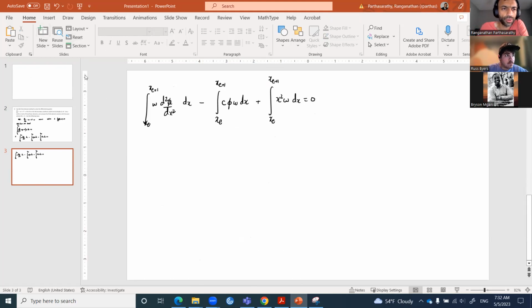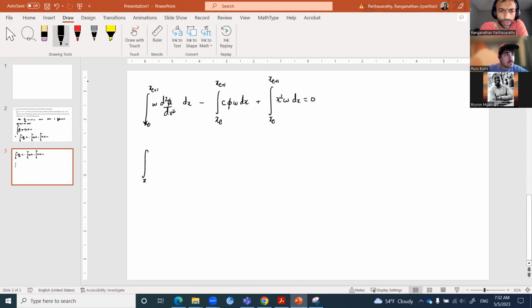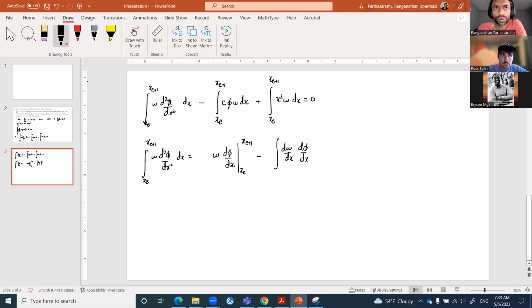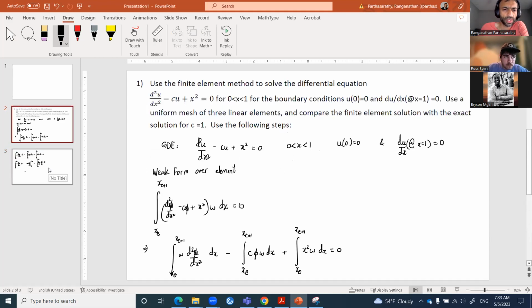Now for the first one, we will do integration by parts, since we are treating it as a bar problem.